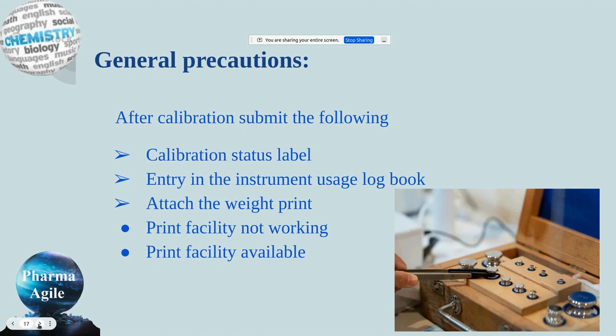In case a weight print taken is not considered in the calculation, for example, due to unclear visibility, misprinting, or not as per the defined statistics mode or weighing mode, attach such weight prints in the template and write justification against the weight print on the respective template. Take fresh standard or sample weight for the batch to continue the analysis. If the calibration status label is not provided by the certified agency, then affix the label on the weight box.